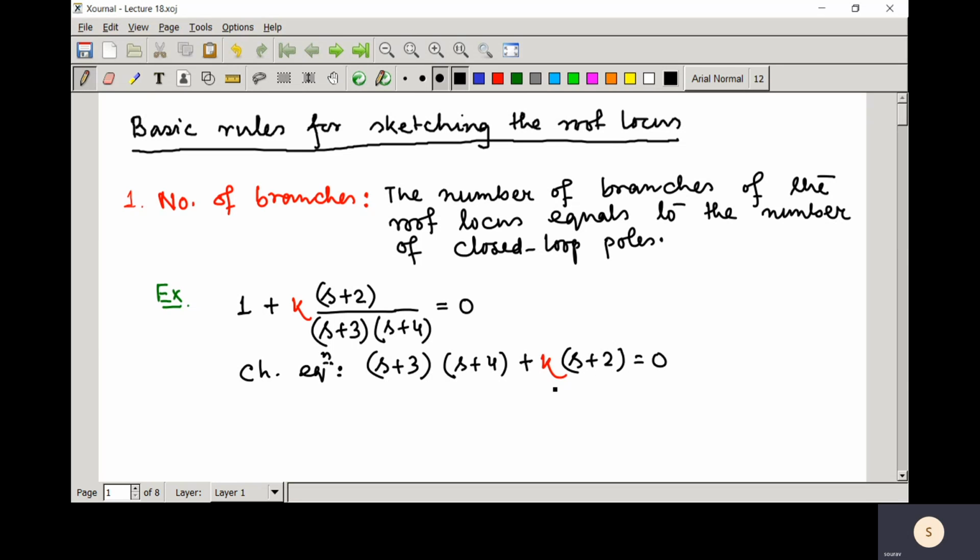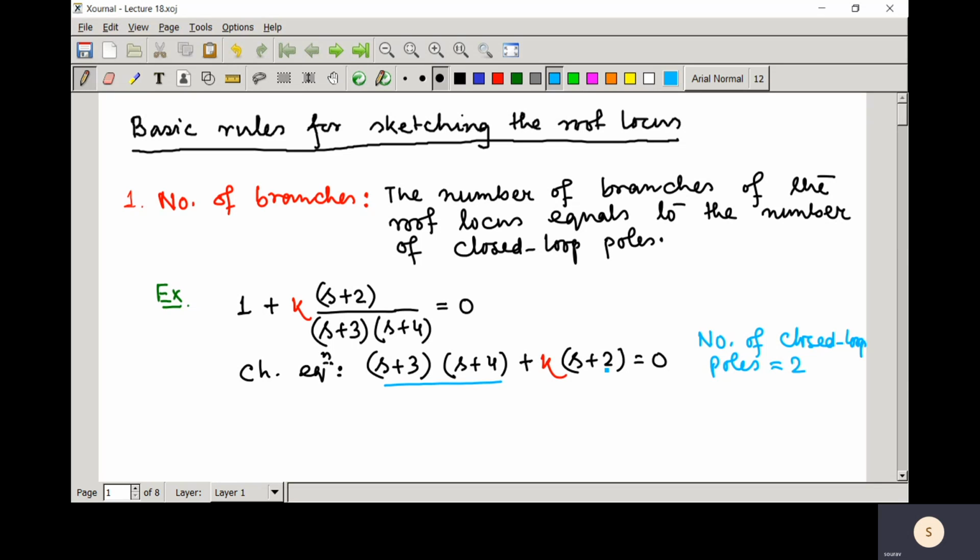So here you can see the number of closed loop poles equals 2, because if you multiply this out, the degree would be 2. So the maximum degree of the characteristic equation is 2.